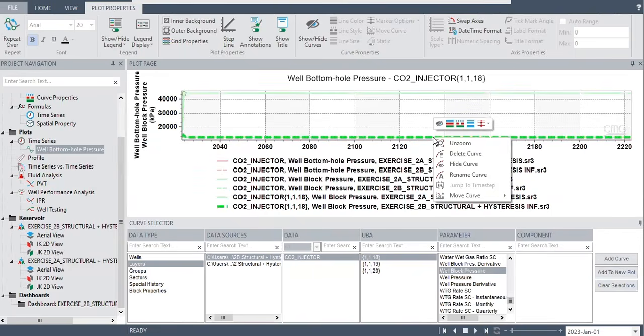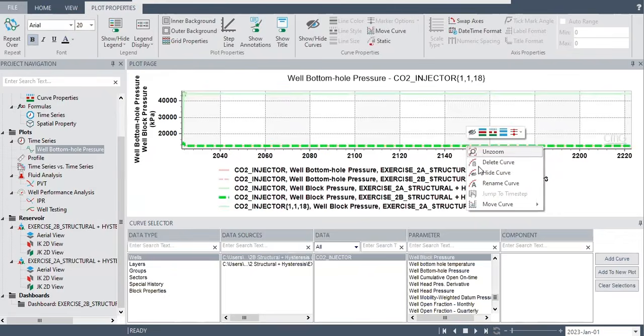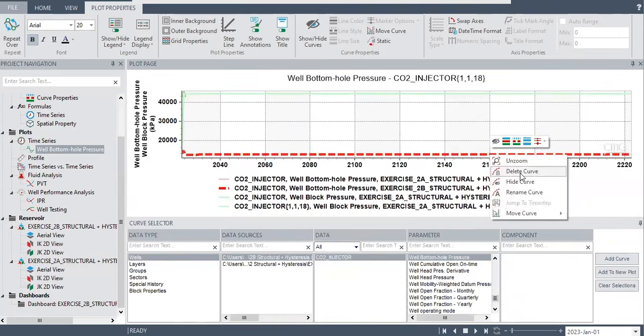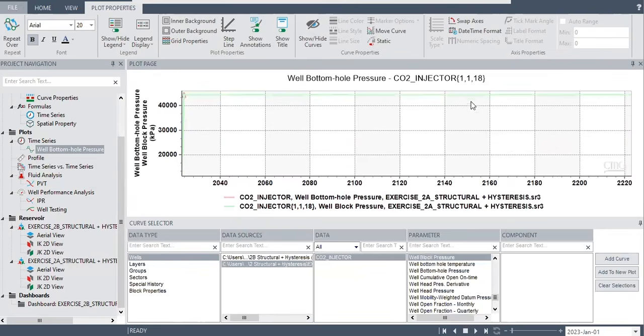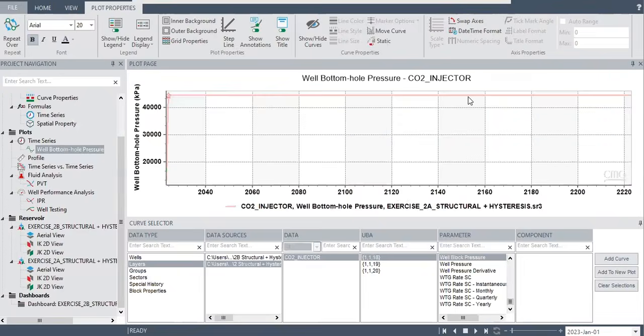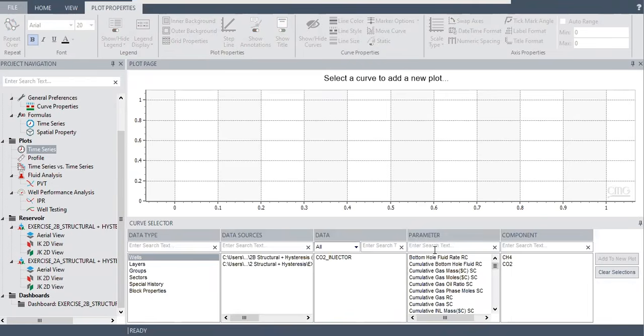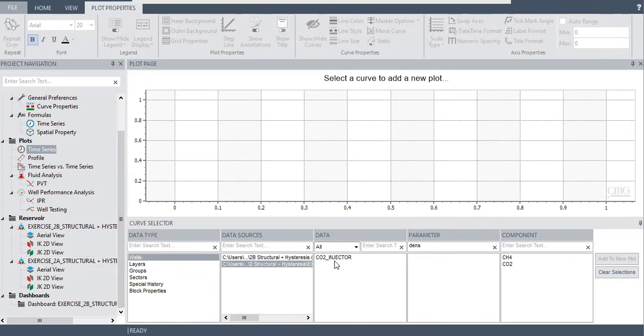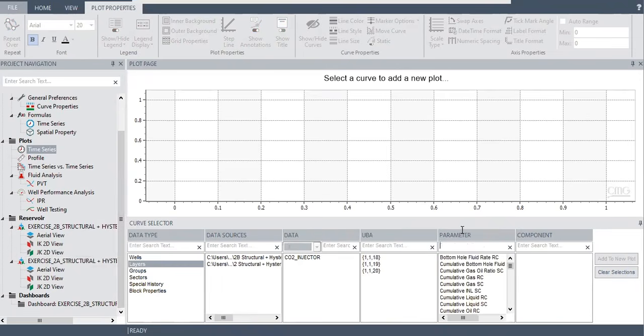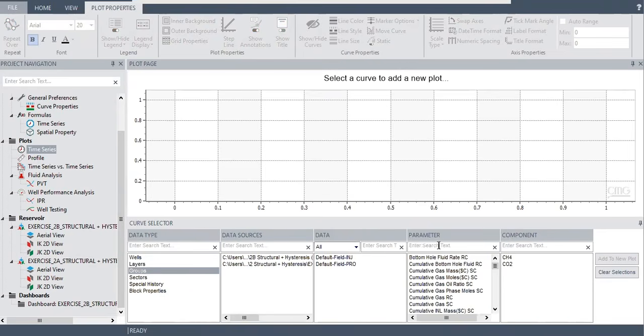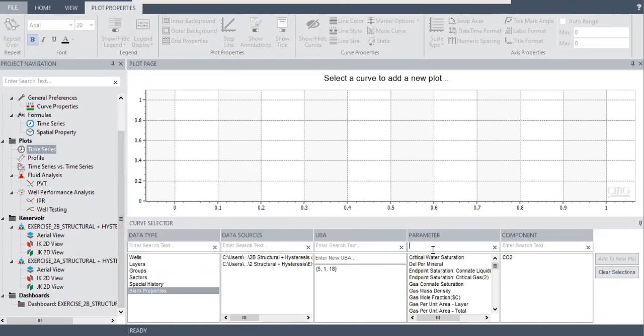Maybe we can also see the difference in gas mass density, right? You can see that maybe in layer, or maybe well, do we have density? No. So what about layer? Okay. Groups. Block properties.